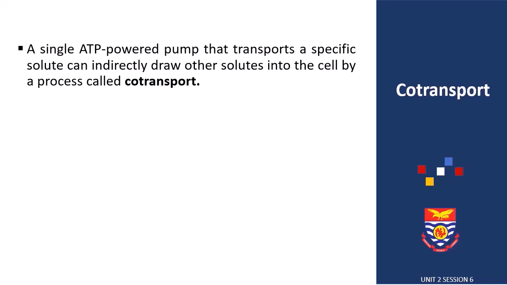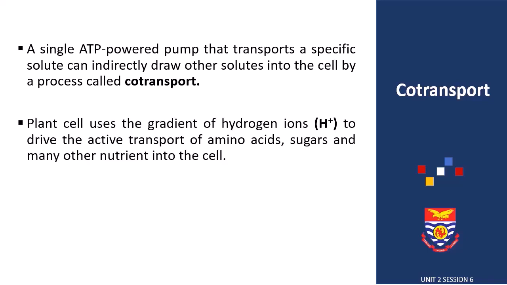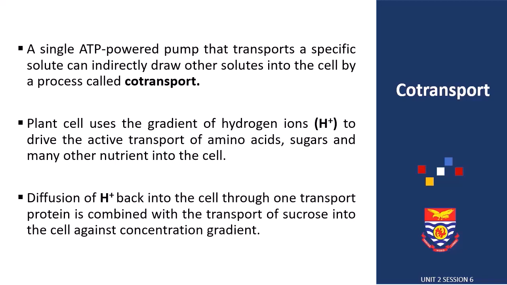In plant cells, the gradient of hydrogen ions is used to drive the active transport of amino acids, sugars, and many other nutrients into the cell. This leads to diffusion of hydrogen ions back into the cell through one transport protein coupled with the transport of sucrose into the cell, and this occurs against the concentration gradient.